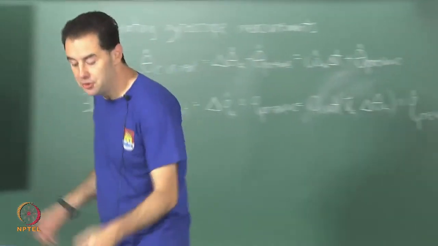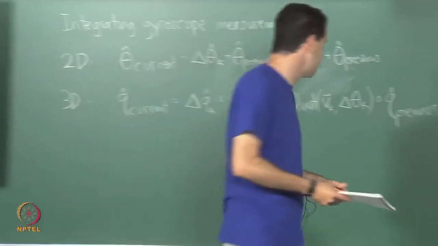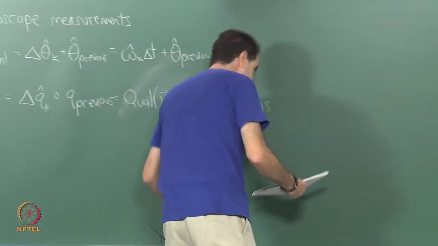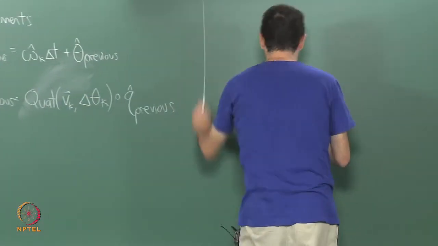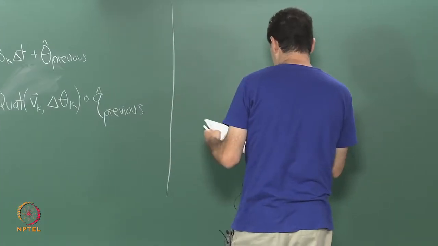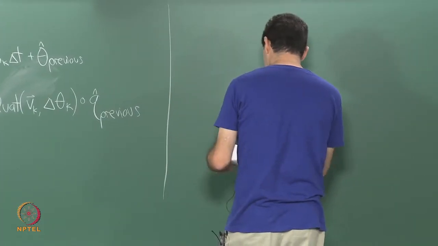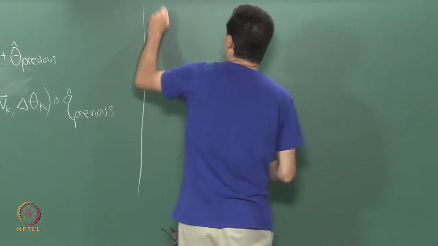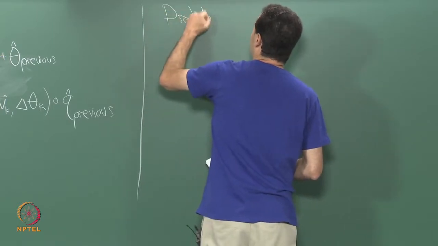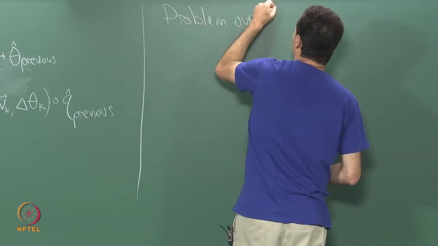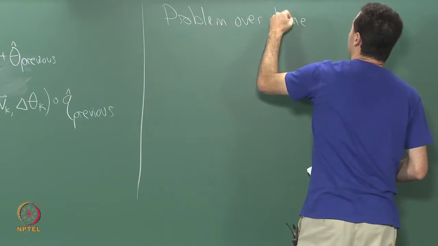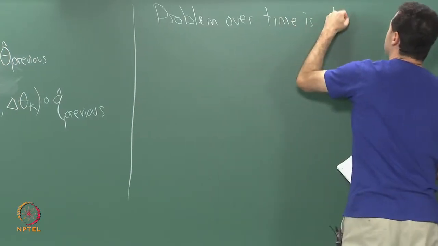If we do this over time, what we mentioned at the end of class is that we end up with what's called drift error. So the problem over time is called drift error.